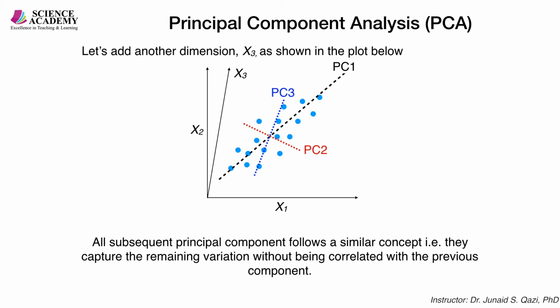Let's add another dimension, x3, as shown in the plot below. For all subsequent principal components, the rule is the same. They capture the remaining variation without being correlated with the previous components.